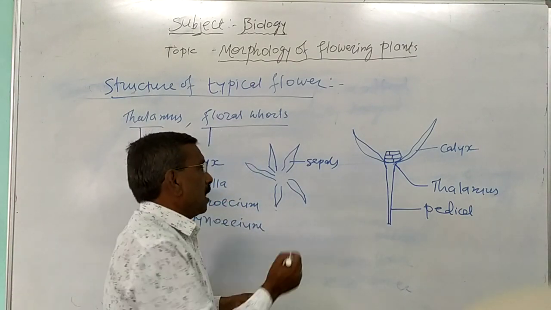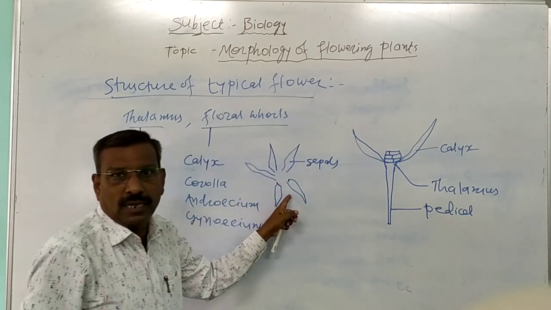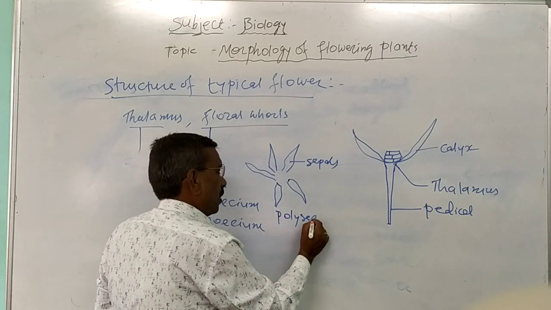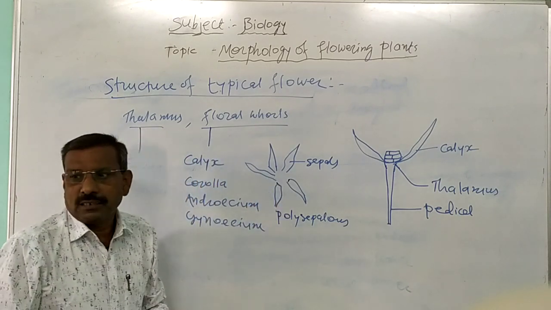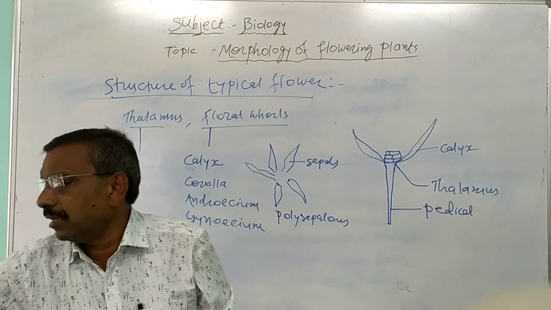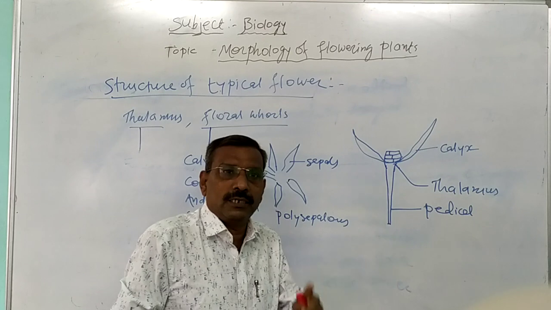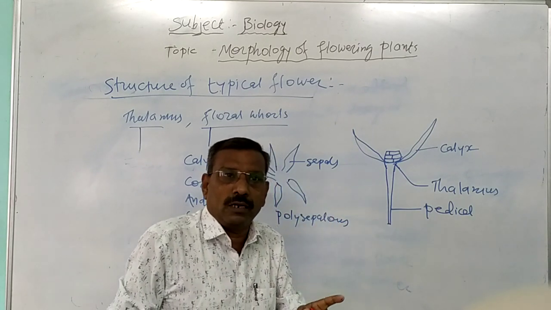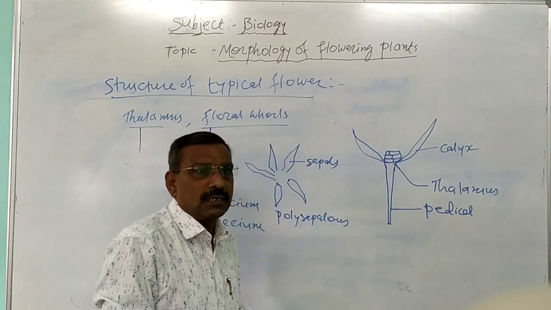And sepals may be free from each other like this. That calyx is known as a polysepalous calyx, when the sepals in a calyx are free from one another. For example, in the case of the gold mohur plant and the rose plant, the sepals of the calyx are free from one another, so that calyx is known as a polysepalous calyx.